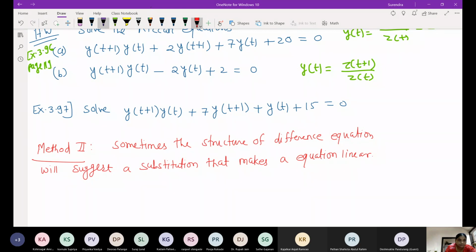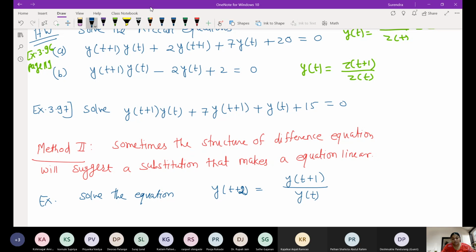For example, solve the equation y at t plus 2 is equal to y at t plus 1 divided by yt. Whether this is linear or non-linear?